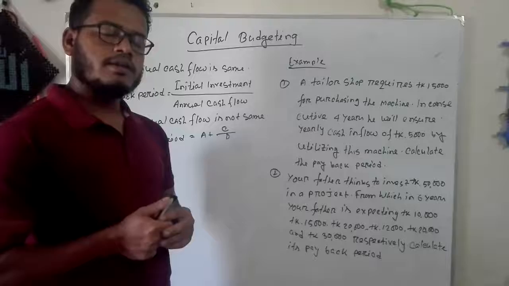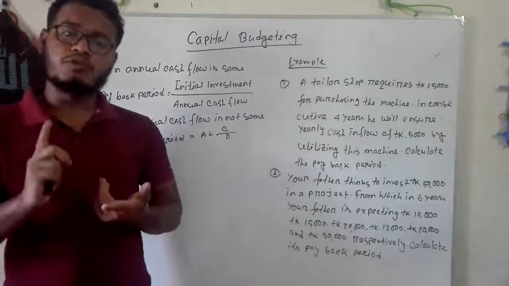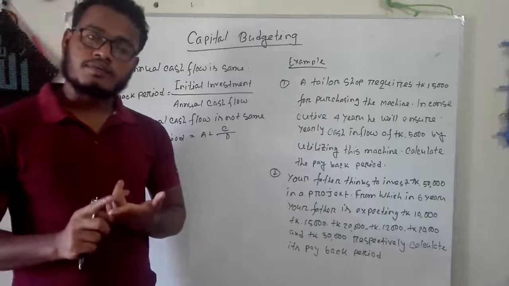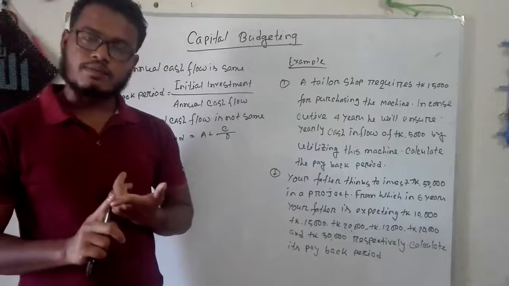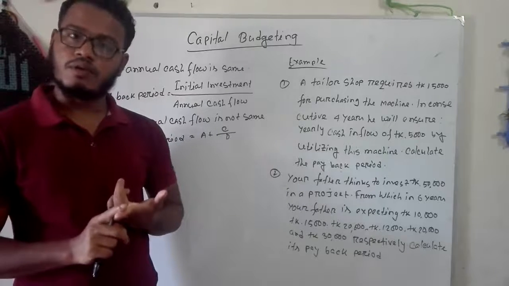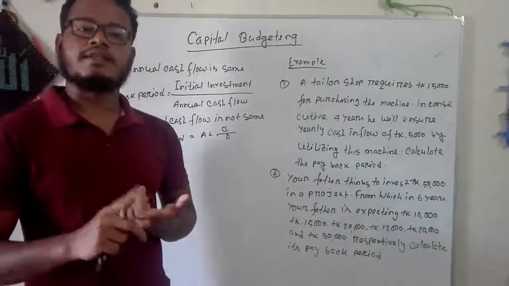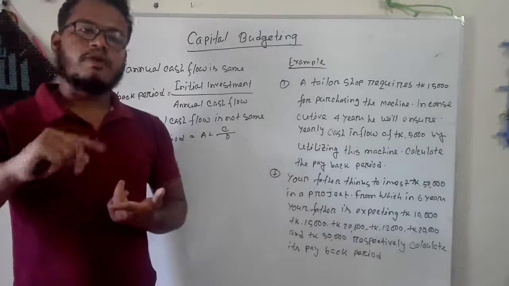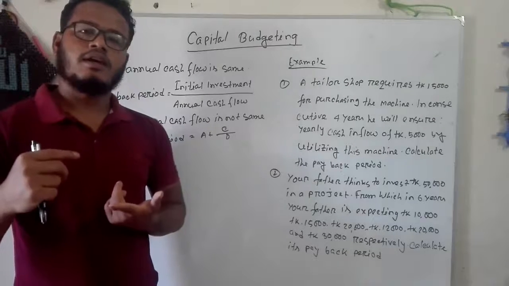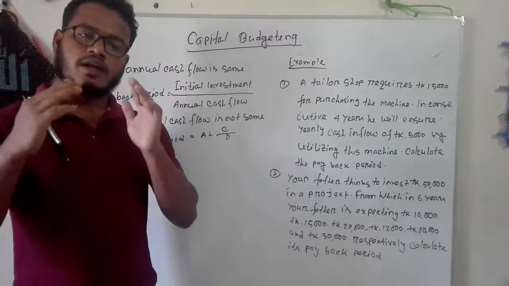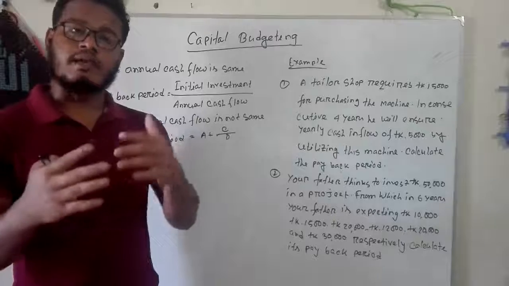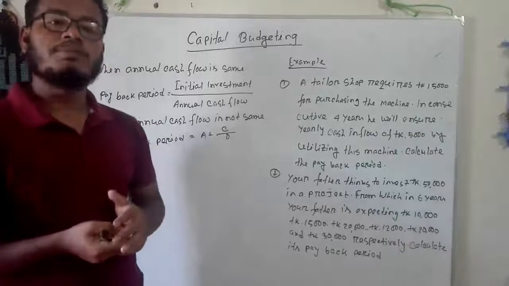So dear students, at first you should remember that the cash flow of each year is the same. Suppose the first year cash flow is 5000 taka, the second year cash flow is 5000 taka, the third year cash flow is 5000 taka. When the cash flow of each year is the same, then we apply the first formula.